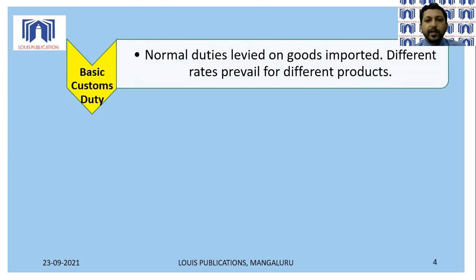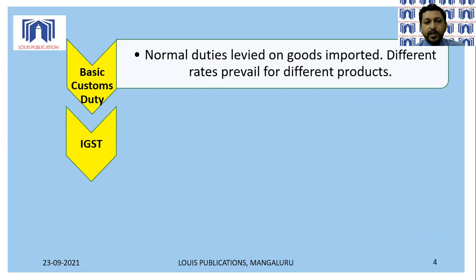So normal duties levied on the goods imported is called basic customs duty. Now there are different rates that prevail for different products. The general rate of basic customs duty is 10%. So in the problem, it will be given what is the rate of customs duty. So that rate can be taken, considered, and you can calculate the basic customs duty value.